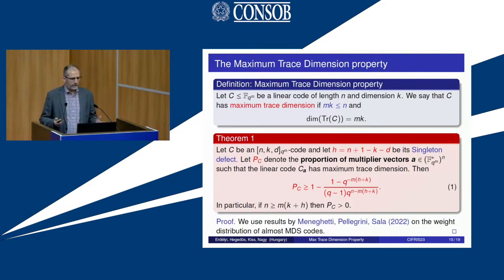If C is a linear code over the large field F_Q, with Q^m elements, and h is its Singleton defect, so the difference of the left and right hand sides in the Singleton bound, we denote by P_C the proportion of multiplier vectors a such that the linear code C_a has maximum trace dimension. So we are interested in the probability that if you just take a random multiplier vector, the obtained code has maximum trace dimension, and here we have this lower bound for this probability.